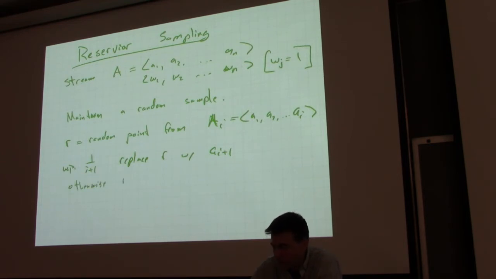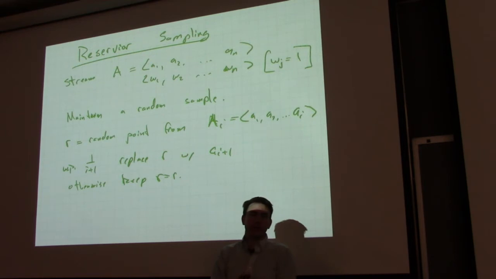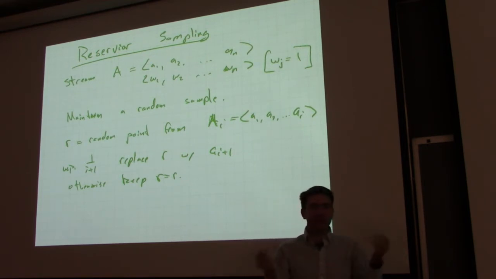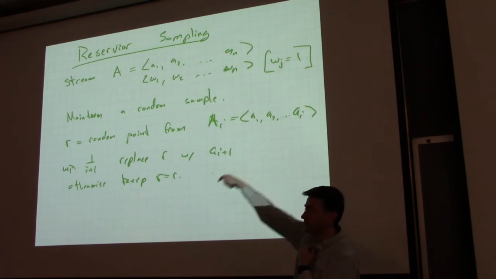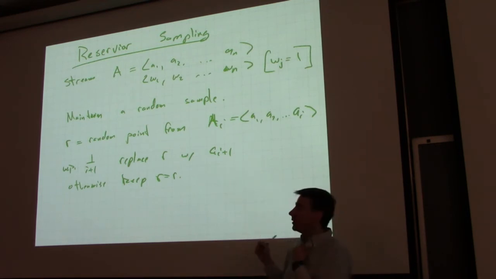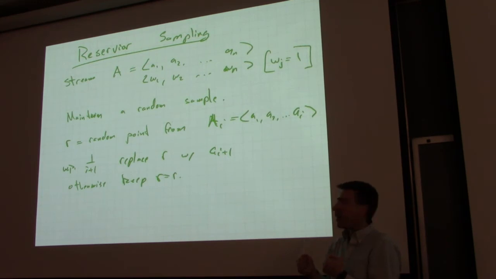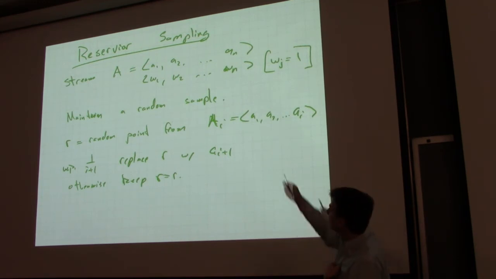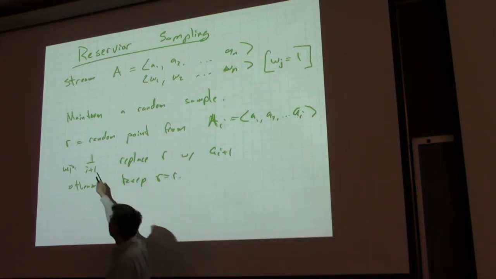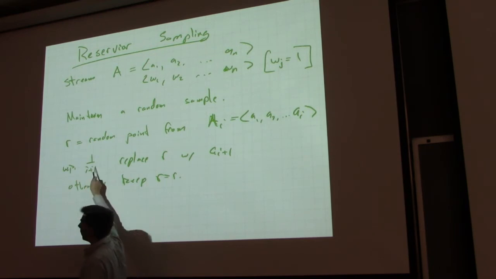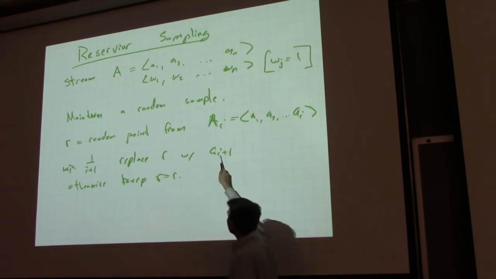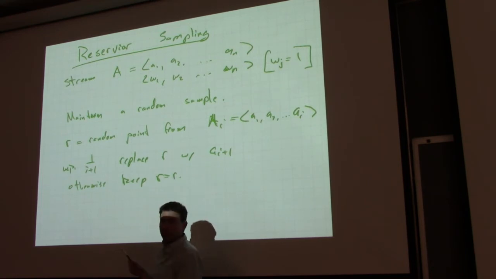Otherwise, keep R equal to R, so I keep what the old sample was. At the base case, the first thing in the stream, I set that as R. Then the second thing in the stream, i is equal to 2, I replace R with A2 with probability 1/2. Otherwise, with probability 1/2, I keep it as A1.